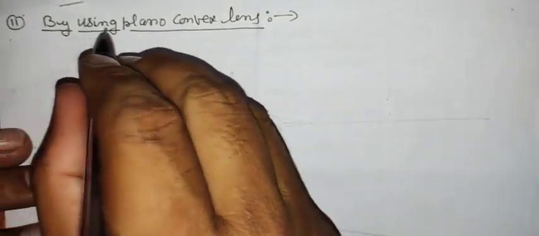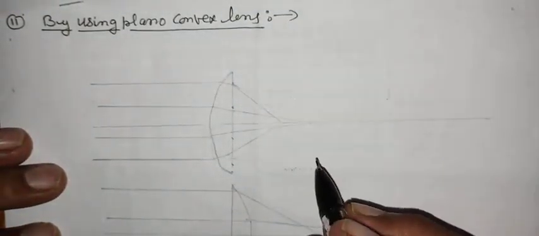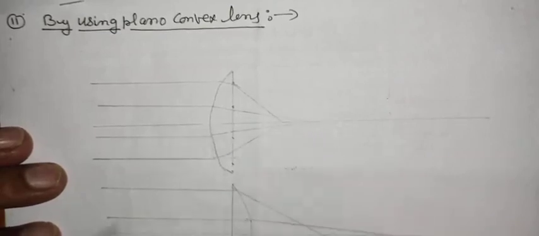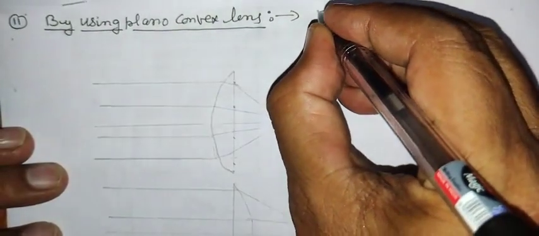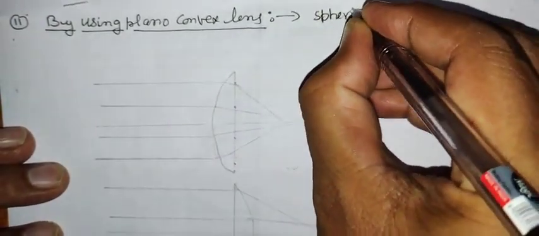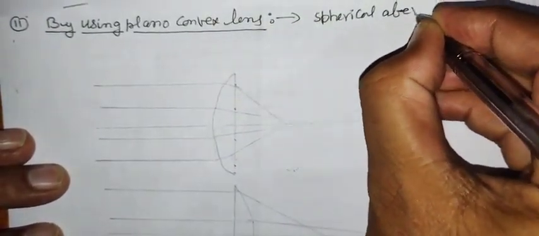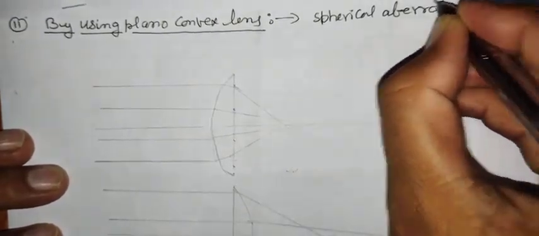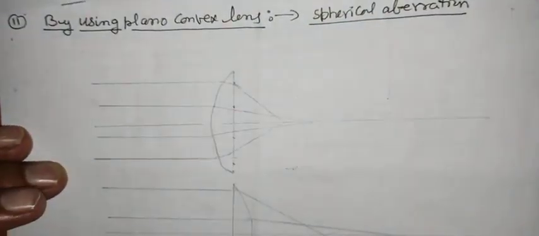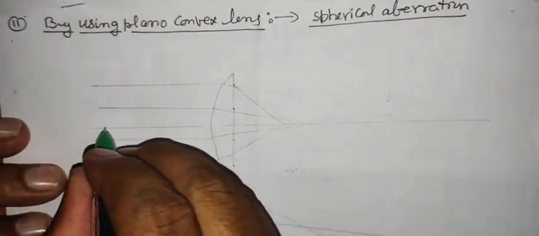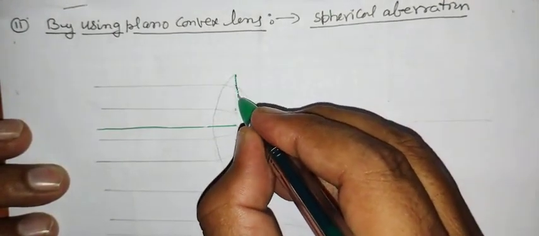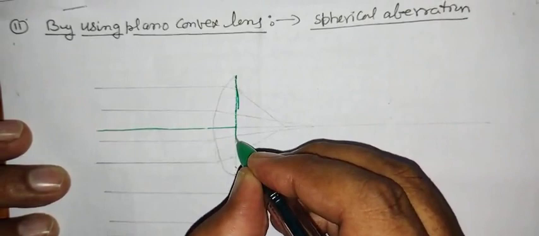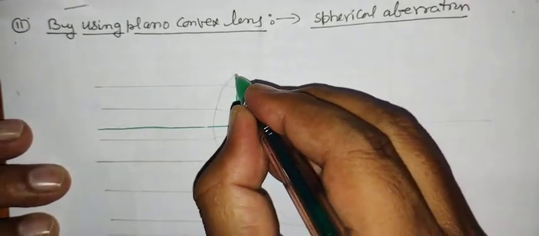The second method is by using a plano convex lens in a specific manner. We are going to use a plano convex lens, and see how spherical aberration can be removed. Here in C, first of all, consider a plano convex lens.